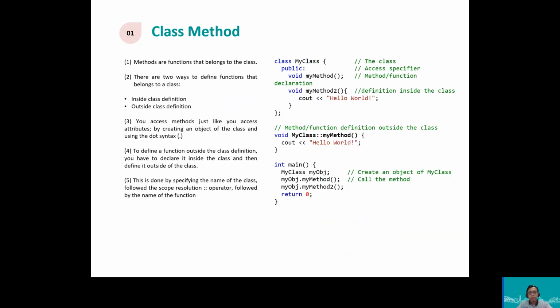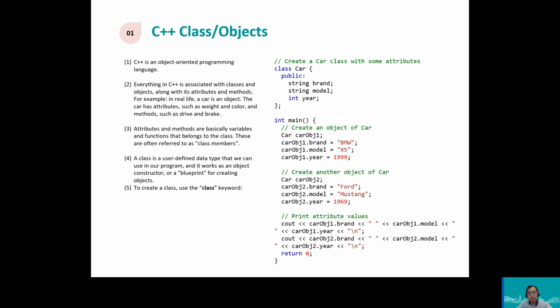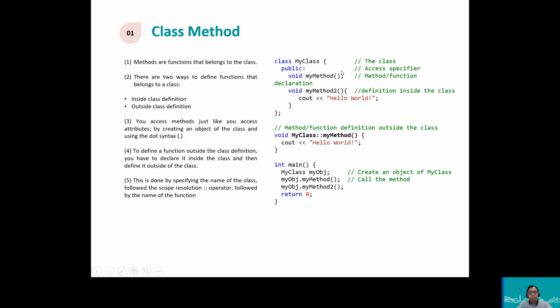The second one is the method. Before, you had the attributes. The variables inside the class are the attributes. But a method is basically a function inside the class. So like the attribute, you can either declare or give a definition of the function inside or outside.